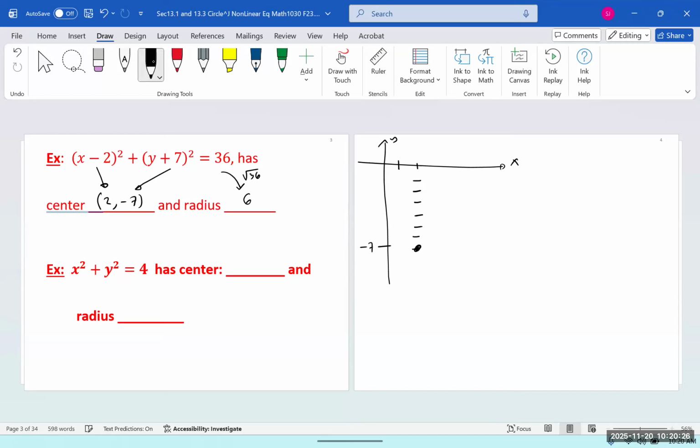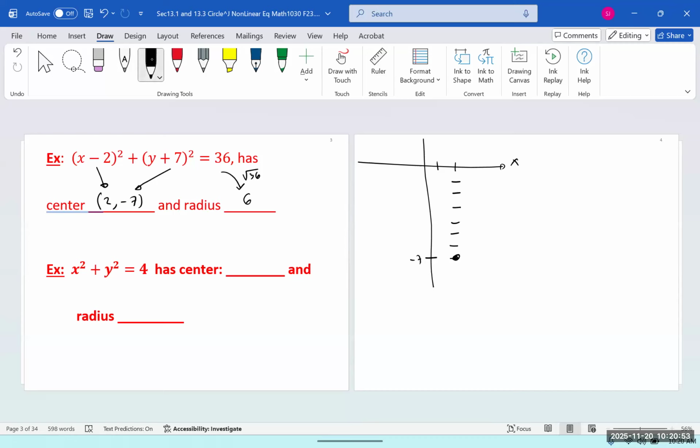So this is our center. Sorry, I need more space. 1, 2, 1, 2, 3, 4, 5, 6, 7. So (2, -7) is our center.